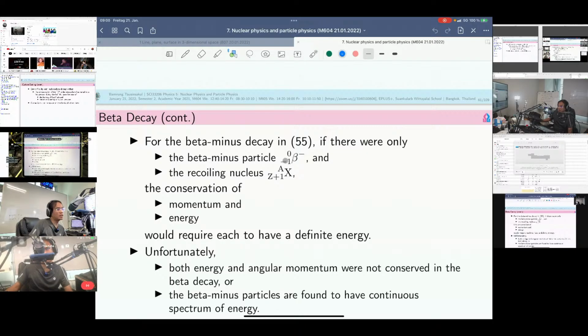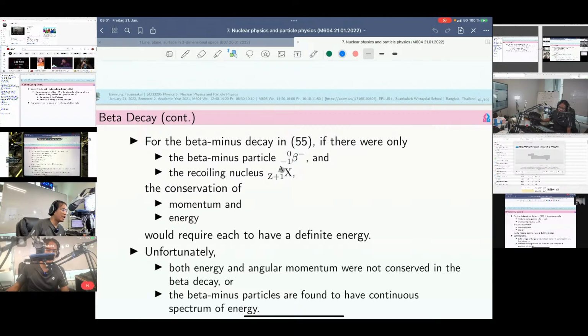It's an electron, in the opposite way to the proton, and there is no nucleon at all because it's a tiny particle. It's a lepton, not a boson. For the recoiling nucleus, we have one more proton, but the number of nucleons is the same.